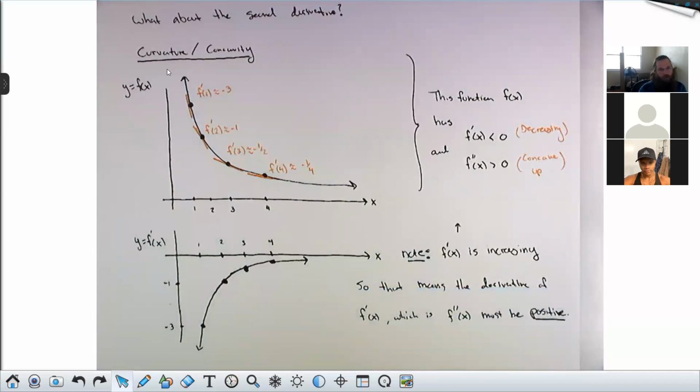Any function whose graph is shaped like this has to have a positive second derivative, and the graph shape that we correspond with that is called concave up. So what I'm going to do now is draw some graphs and classify them according to their shape and whether the first and second derivative are positive or negative.